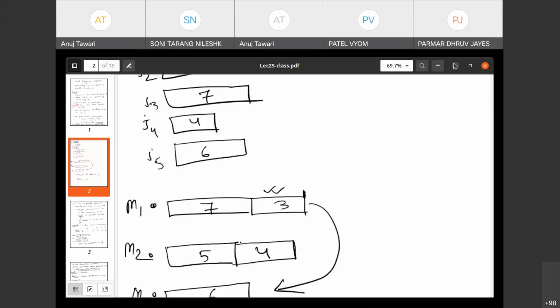That is the main argument we are interested in. So whatever algorithm you are proposing, we have to compare it with the optimal solution.